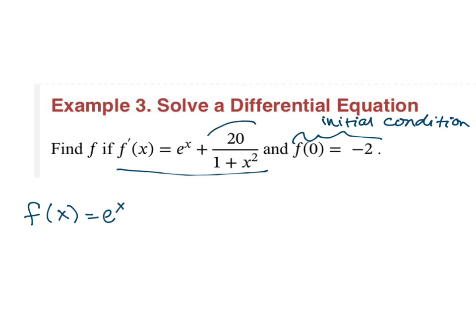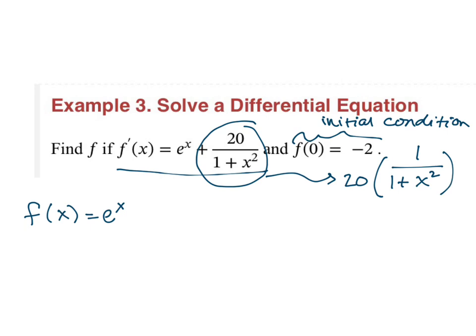What if I looked at this big quotient that I'm about to be real confused by as 20 times 1 over 1 plus x squared? That is a thingy. That's tangent inverse. So plus 20 times, what's the antiderivative of that?